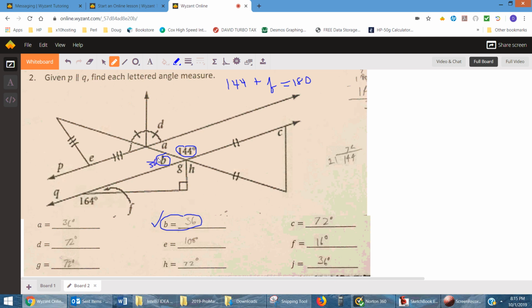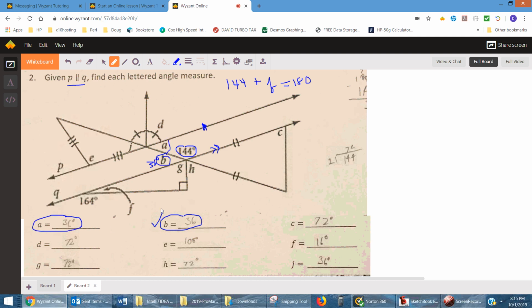The lines are parallel. That's given. So sometimes we might mark that on a diagram with little arrows, something like that, or solid arrows to indicate that they're parallel. But that means that when two parallel lines are cut by a transversal, this line right here, alternate interior angles created are congruent, so angle A has to be 36 degrees.